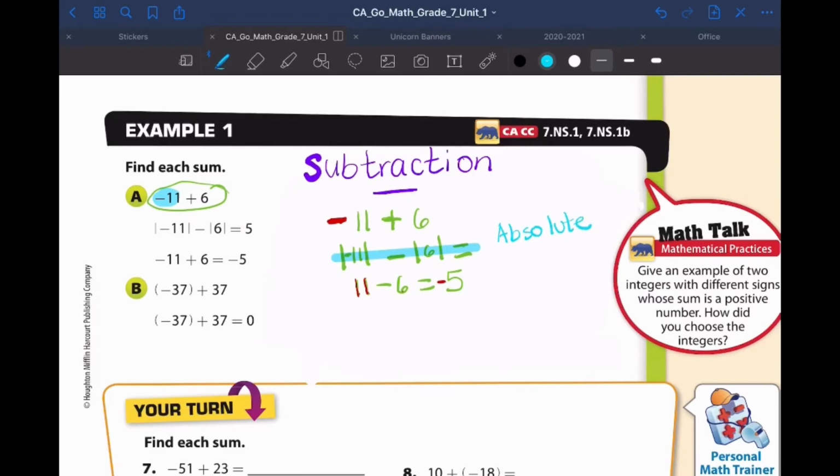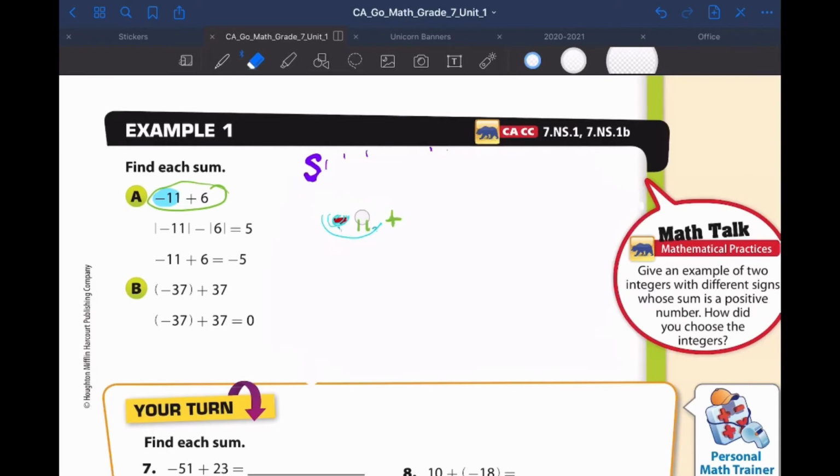So remember the distance, the one that has the most number of units when you're jumping on the number line. So because the 11 has more jumps on the number line, then we have to keep that sign on our answer. Okay, let me try that again with the next problem.